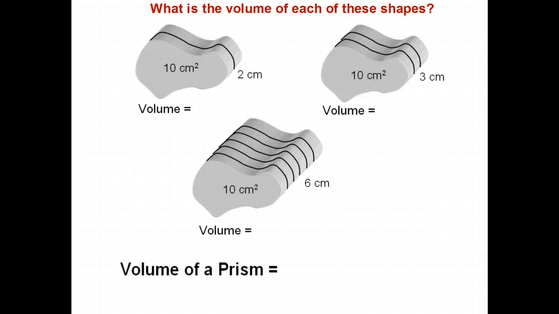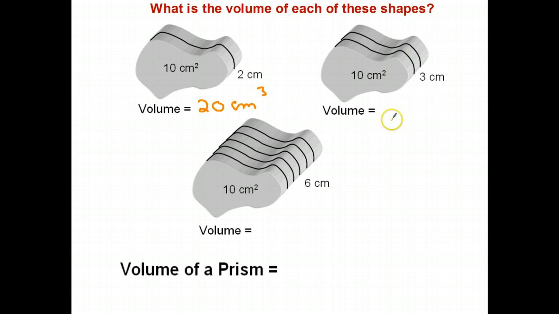Now have a look at this particular shape up here. Well, the volume of that, if the first layer is 10 cubic centimeters and there's two layers, the volume of that is going to be 10 times 2 or 20 centimeters cubed. Here we have 3 layers, so each layer has a volume of 10 cubic centimeters.